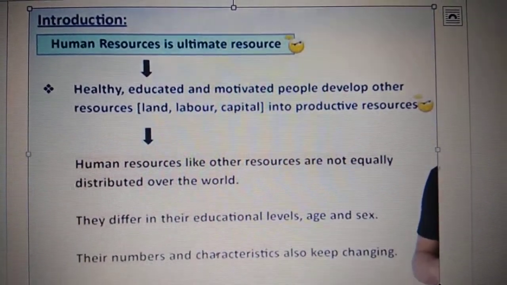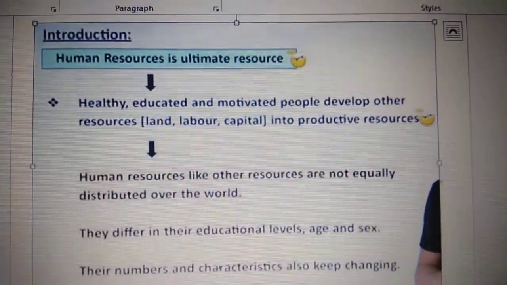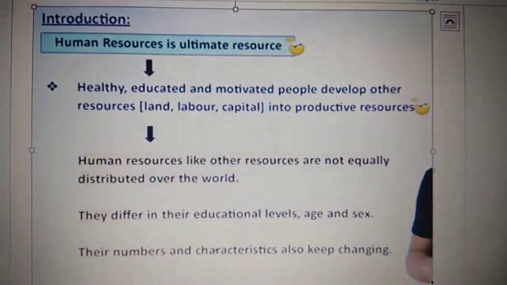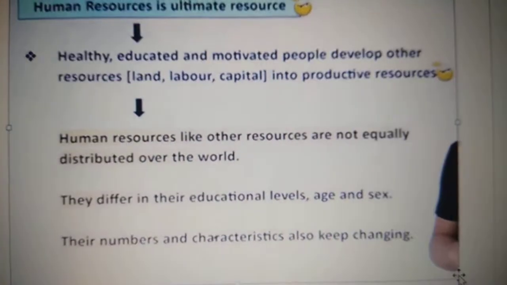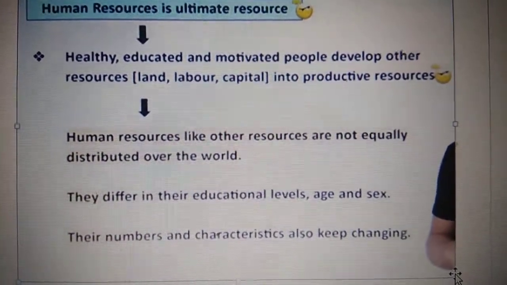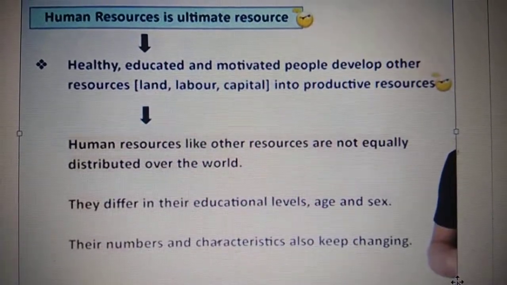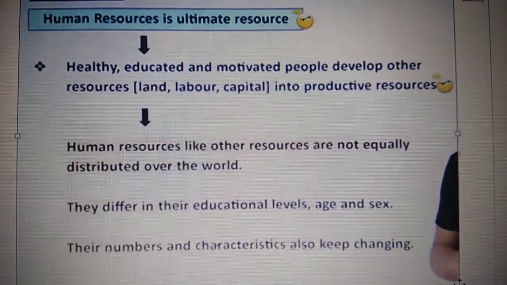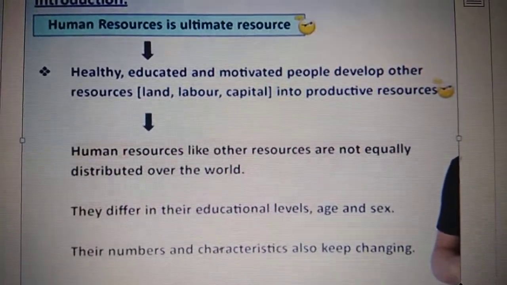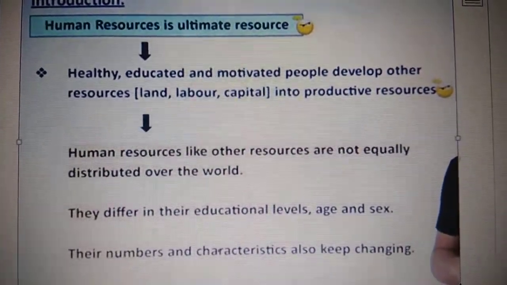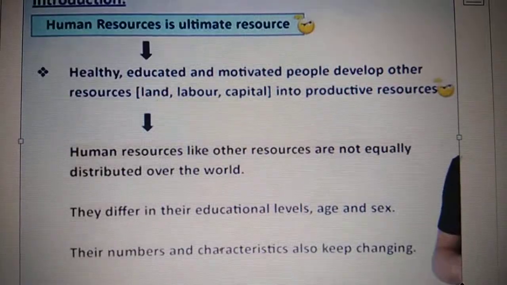Okay, so that is why we say humans are the ultimate resource. Now, human resources, like other resources that we have learned, are not equally distributed over the world. They differ in their educational levels, age, and gender, and their numbers and characteristics keep changing.